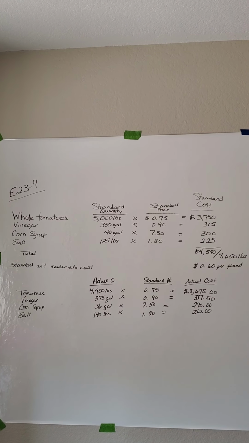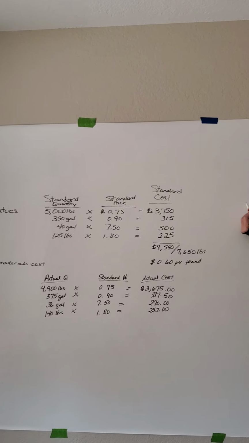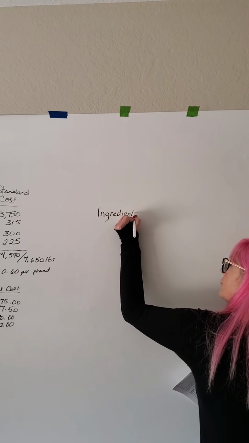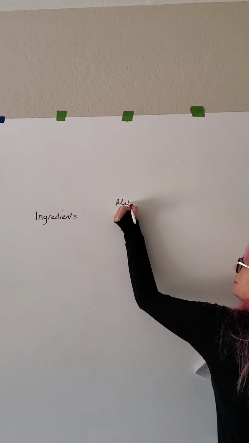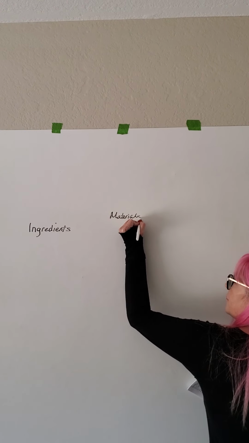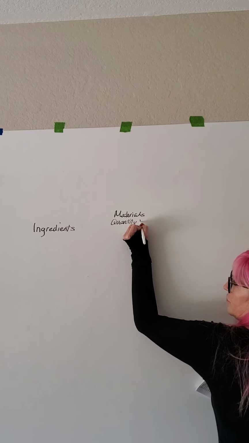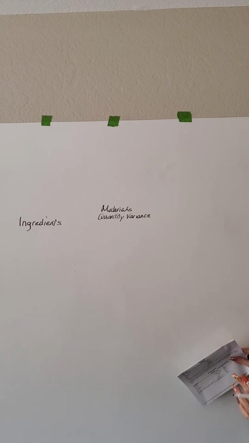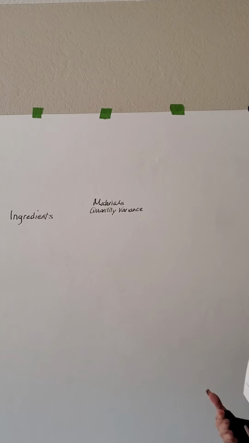So the way you work this out, and as we work on them, the way you set it up, here I'm going to put our ingredients. I'm going to put materials, quantity, variance, and the materials quantity variance comes because we've used either more or less than the standard amount of product.